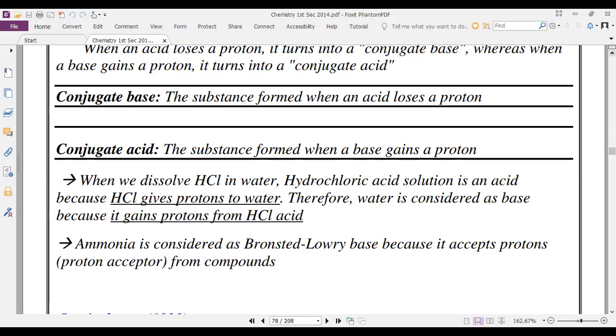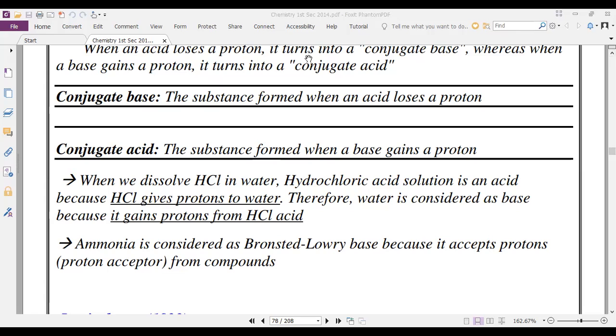So ammonia is considered as a Bronsted-Lowry base because it accepts a proton, called a proton acceptor, from a compound, right? Try to explain it another way.